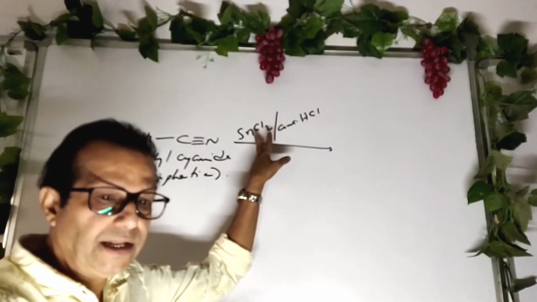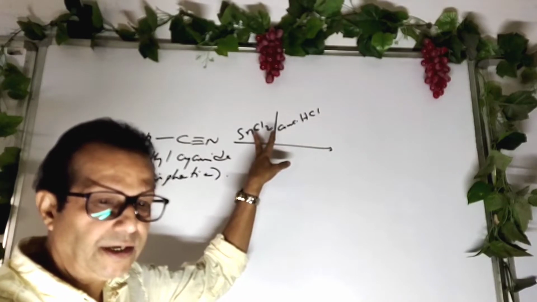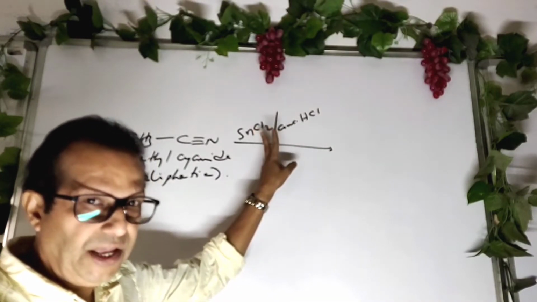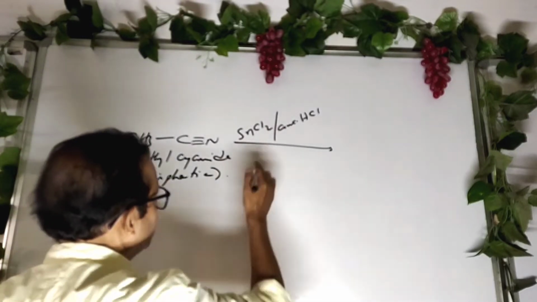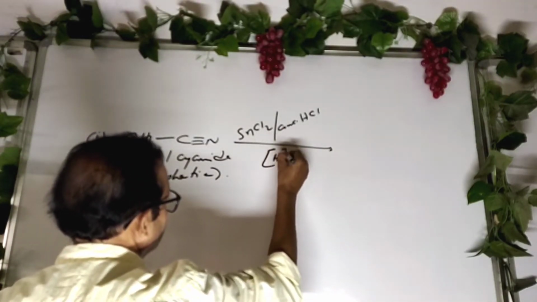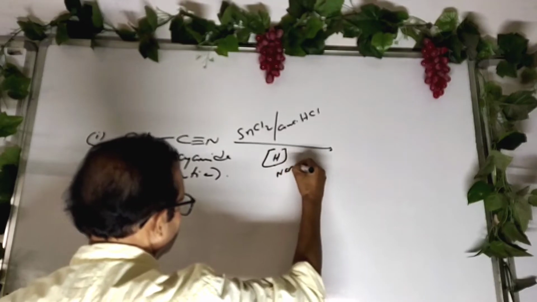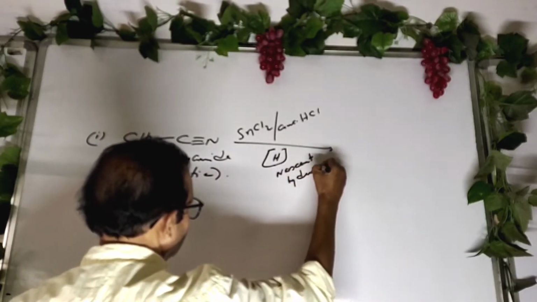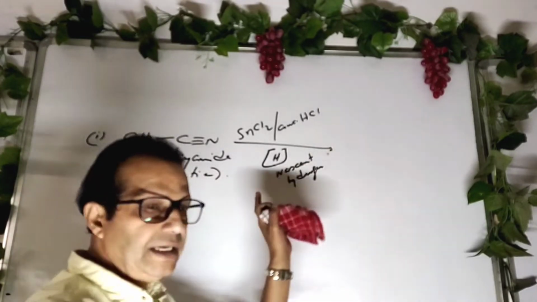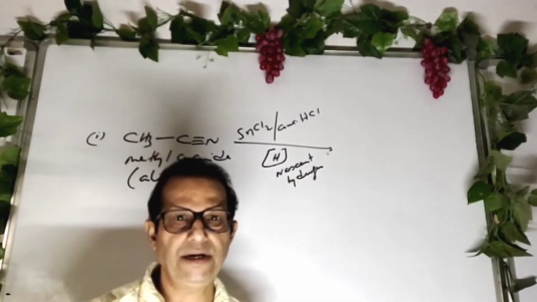When you mix tin dichloride and concentrated hydrochloric acid, they furnish nascent hydrogen, which is responsible to undergo the reduction.